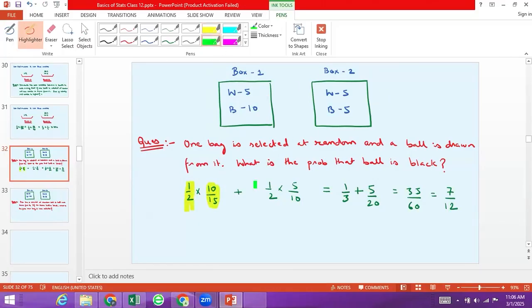If box 2 was selected, then the chances is 1/2, and the chances of drawing a black ball from it is 5/10. If you add these two events, because these are totally independent iterations, you will get 7/12.